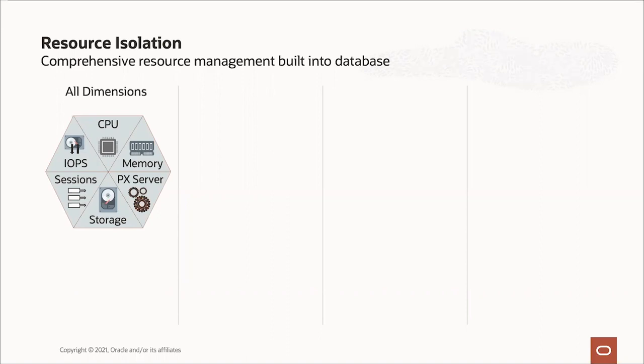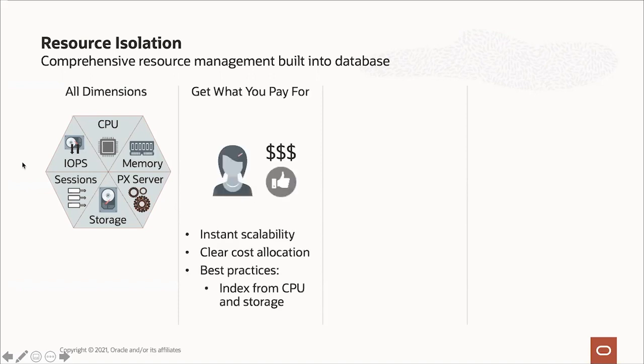And we have resource management capabilities to restrict consumption of every one of these dimensions. So Resource Manager is your best practice. Your best practice is to use Resource Manager in a get-what-you-pay-for model. So we've got instant scalability, you have clear cost allocation, and the best practice is to index things from a few major controls.